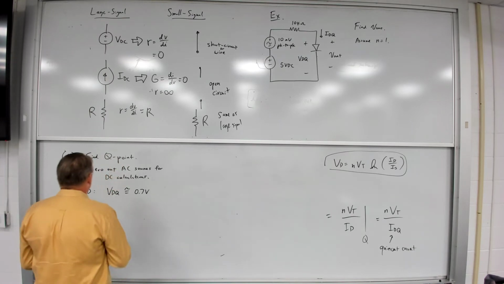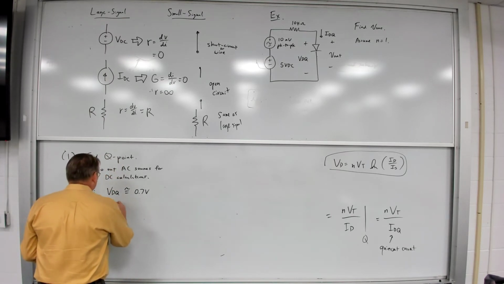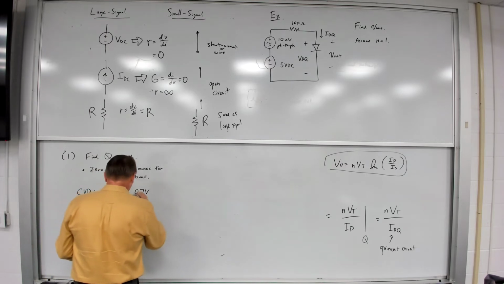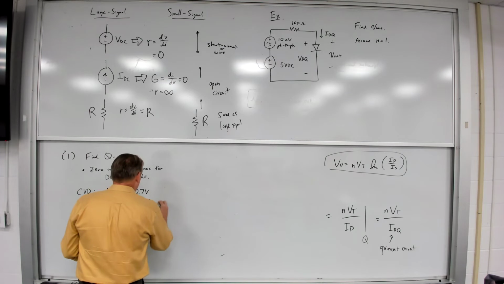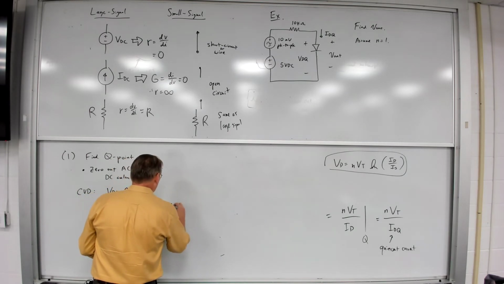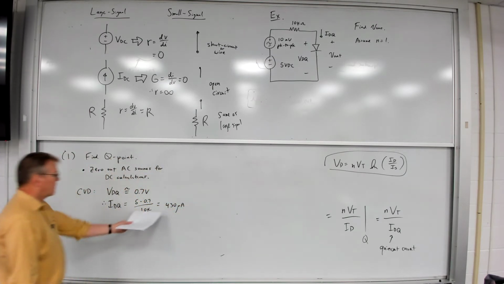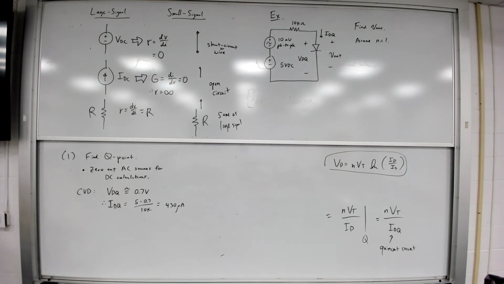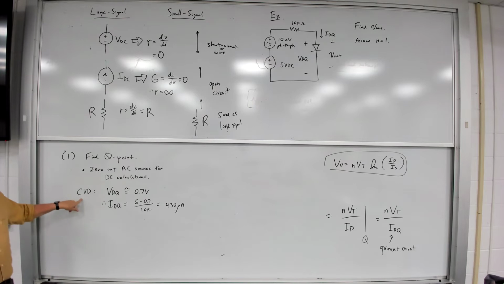And therefore, IDQ will be equal to 5 minus 0.7 divided by 10K, which is 430 microamps. So there's my quiescent voltage and quiescent current for that diode. Now, I could have iterated this and spent time getting the exact value, but as we've already seen, if you use the constant voltage drop model, you're generally going to get within a few percent of the correct answer right off the bat. It's a quick, simple approximation.